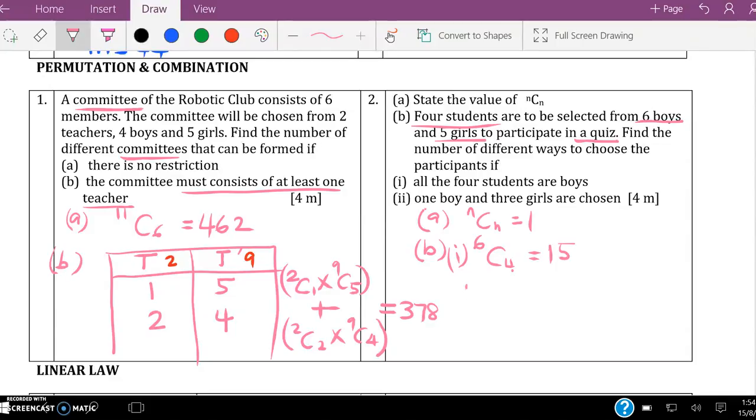Part 2. 1 boy and 3 girls are chosen means 6C1 times 5C3. It's 60.